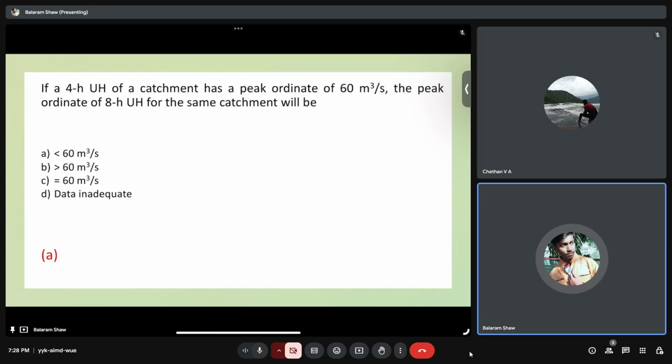Because if the duration is increasing, and the unit hydrograph is for 1 unit of excess rainfall, then the peak ordinate of the 8-hour unit hydrograph will be less than the peak ordinate of the 4-hour unit hydrograph, correct? The correct answer will be the option that says less than 60 meter cube per second.